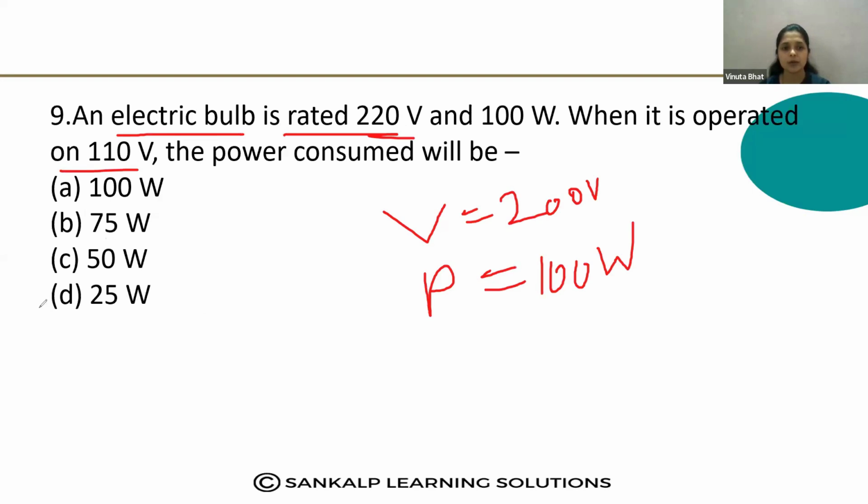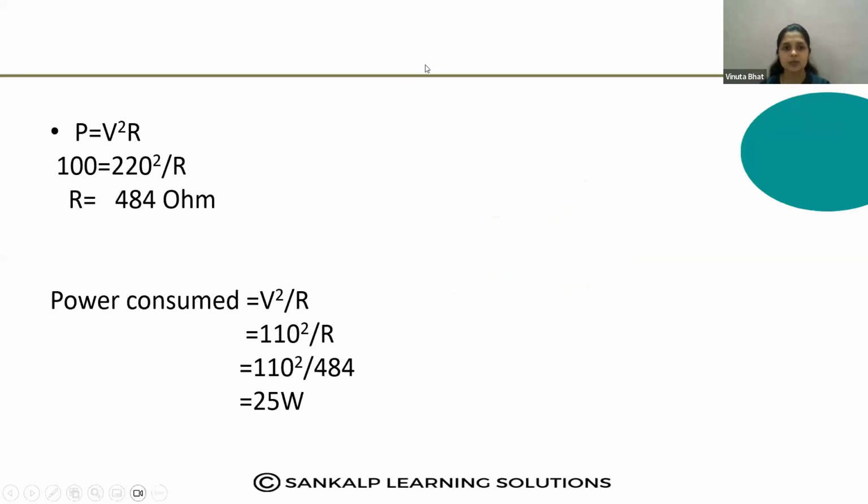So when it is operated on 110 volt, you have to find the answer by using the formula P is equal to V square by R. When it is 100 watt, V square, that is 220 square by R, R is 484 ohm.